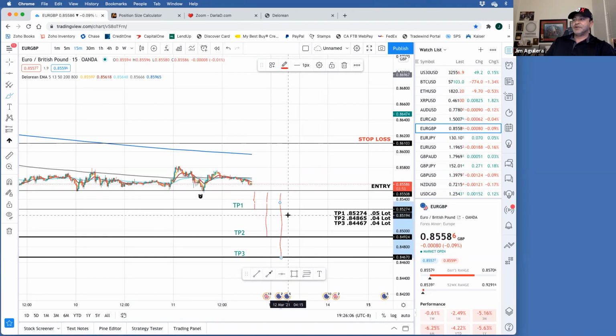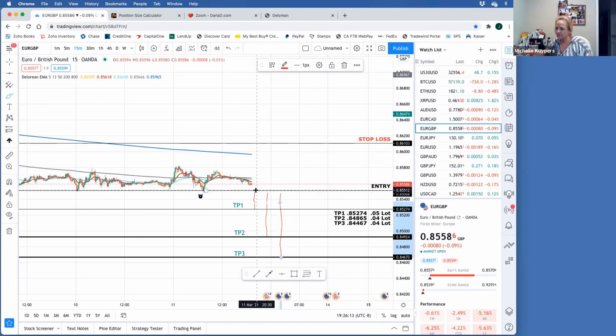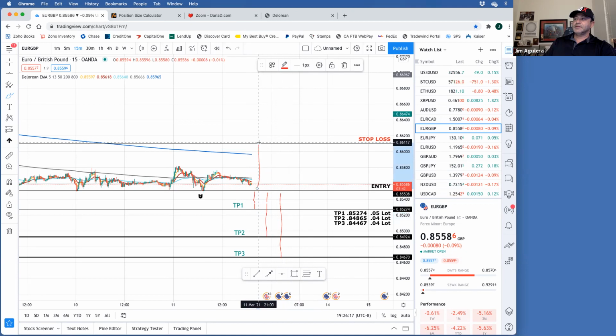And so you actually have 3 trades, and that's why you put a different lot size on each one. And then, of course, they all have the potential to run up and hit the stop loss. And if that happens, you want the combined loss of all 3 to only be the 2% or 3% that you intended to risk for that trade.